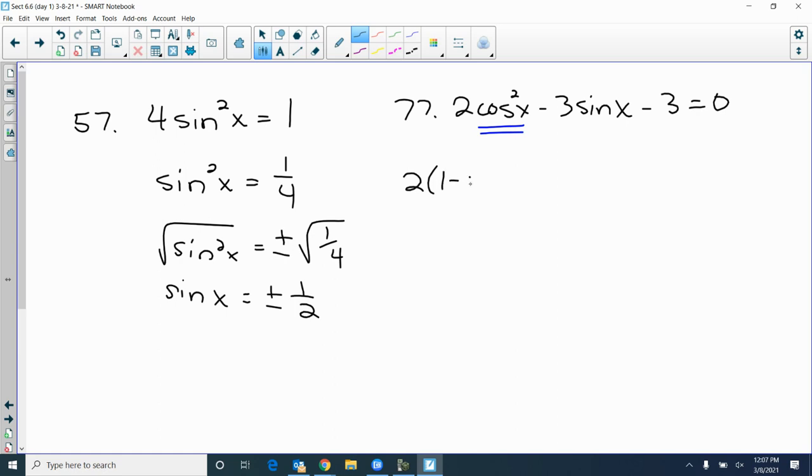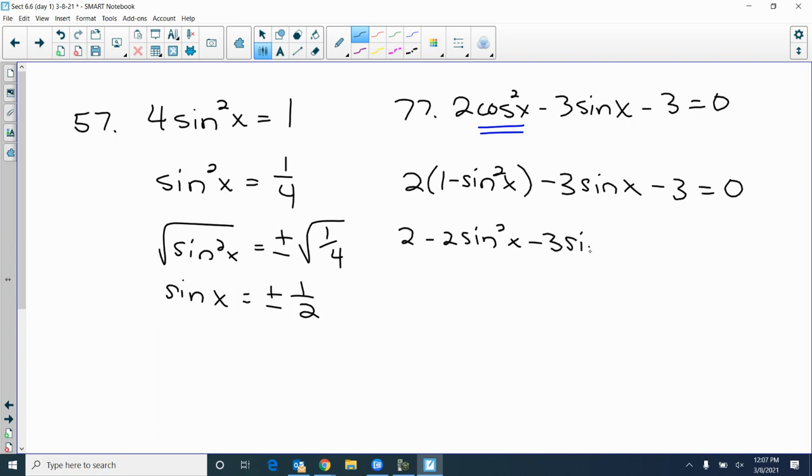Good. All right, that's the big step there that you have to do, make cosine squared 1 minus sine squared. And now you got everything in terms of the same function, everything in terms of sine. Distribute the 2: 2 minus 2 sine squared x minus 3 sine of x minus 3 equals 0.